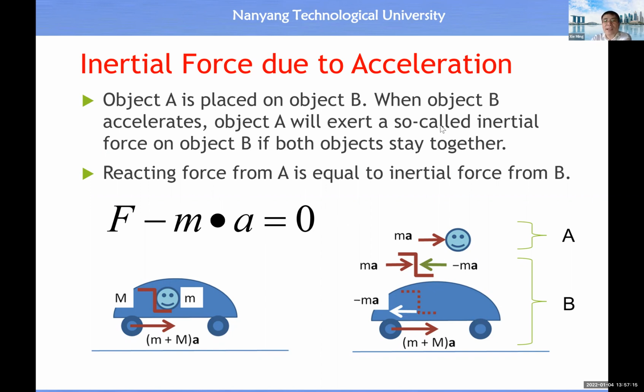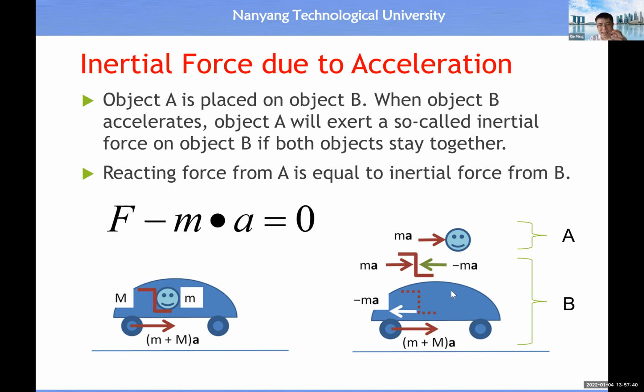So person A will exert the inertial force on the vehicle, if both objects stay together. So mathematically, we can write down this equation: the reacting force from A is equal to the inertial force from B.